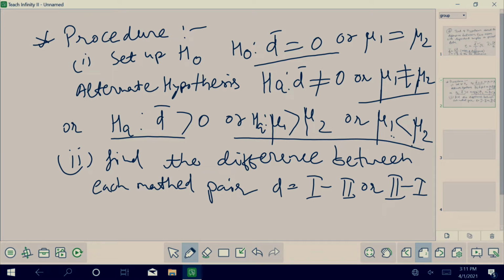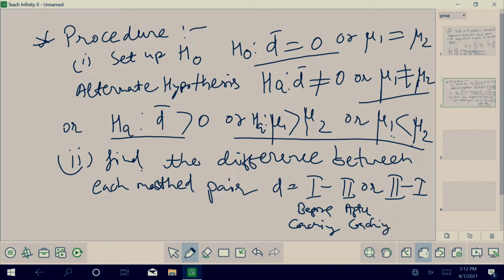So after that, in the second point, you have to find the difference between each matched pair, right. So you have to find out the difference between each matched pair, like suppose these are marks before coaching, right, and these are marks after coaching, right.